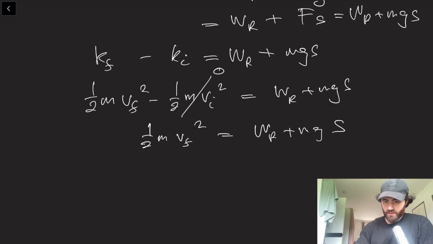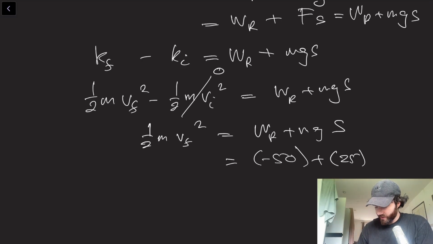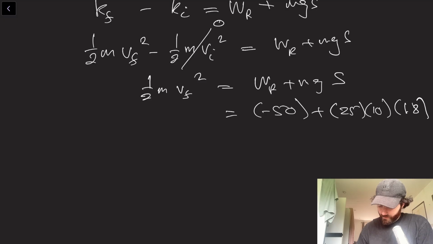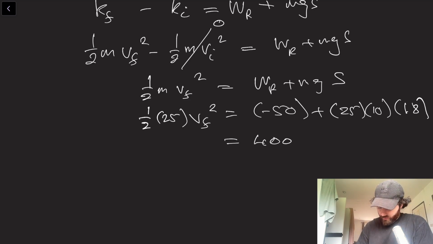So we get minus 50 plus m is 25, g is 10, s is 1.8, the mass of the child is 25. This is half of 25 vf squared. So we get 25 times 10 times 1.8 minus 50, which is 400, times 2 divided by 25.